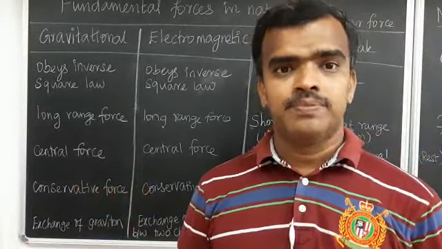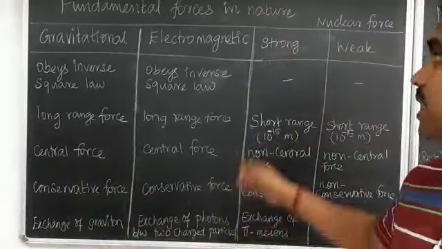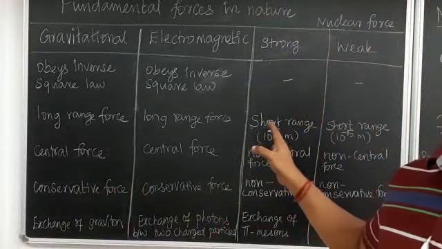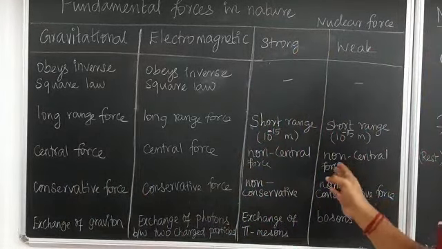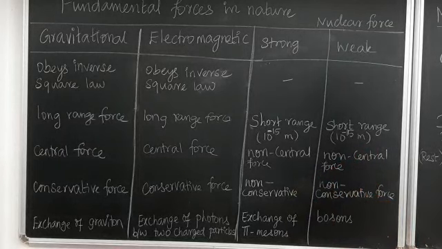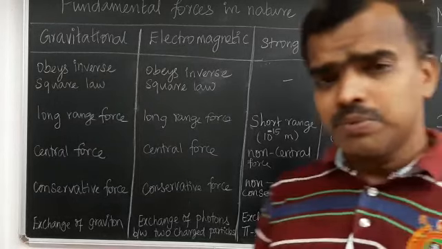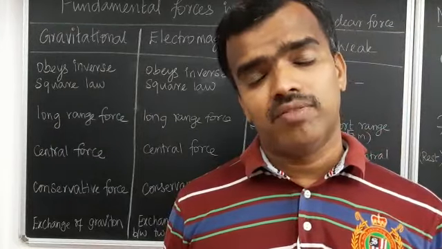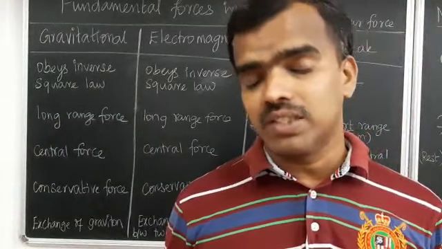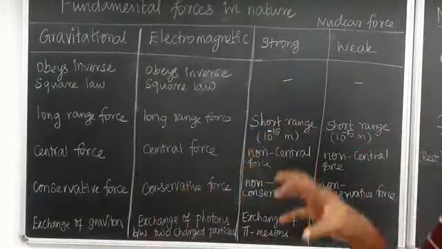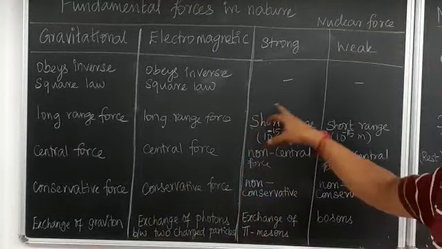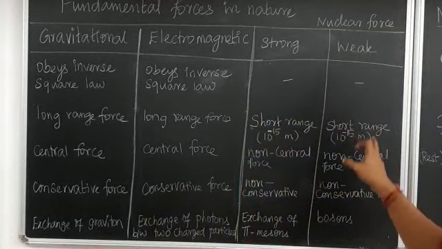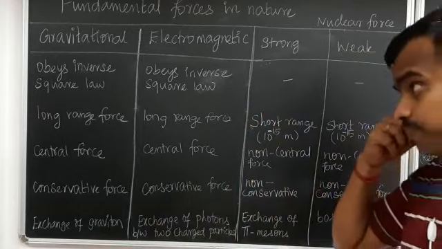And the nuclear forces, both strong as well as weak, are short range forces, because the atoms are in the size of femto level, 10 power minus 15 meter. So the force range can only be short, for both strong as well as weak nuclear forces.